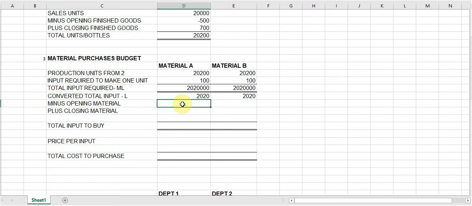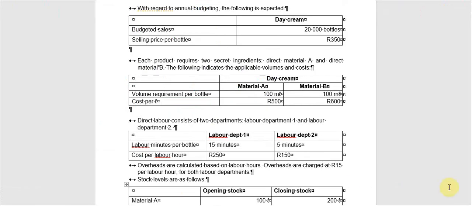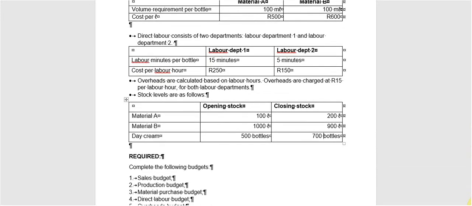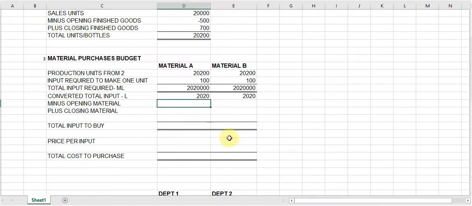I need to go and look up what the opening and closing stocks are. So going back to the question, you will find that the opening stock for material A was 100 liters and the opening stock was 1,000 liters for B. The closing stock was 200 liters for A and 900 liters for B. So I'm just reading it off from there. I need to go back to my template and I'm just filling out.